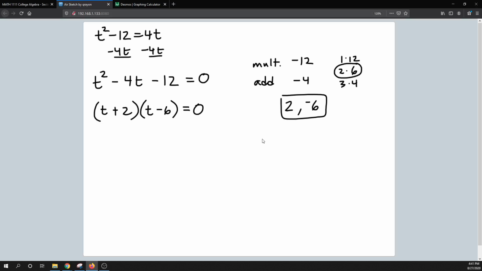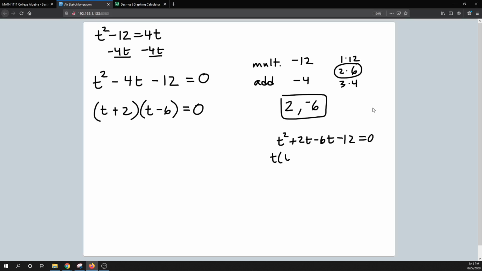Just to show you that this works with what I was saying previously, if you did it the long way, you would split this negative 4t up into plus 2t minus 6t, using those numbers if you're using the AC method. If you're using another method, you can just ignore this for the time being.